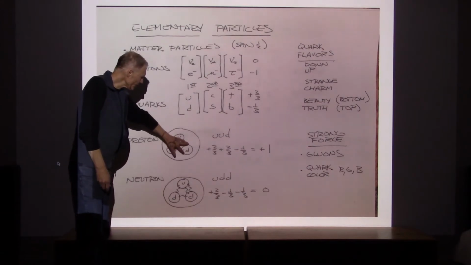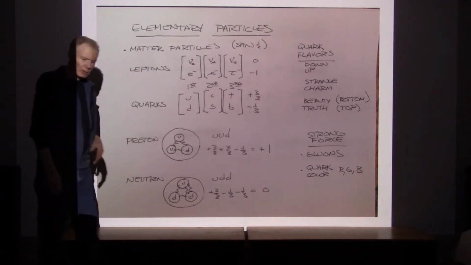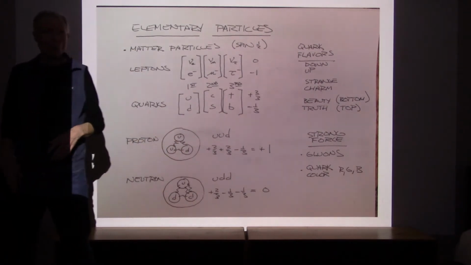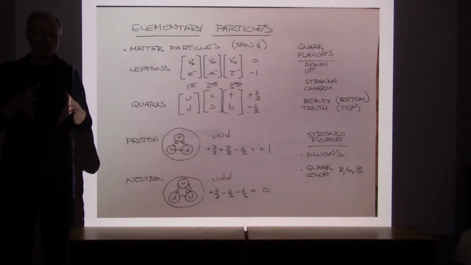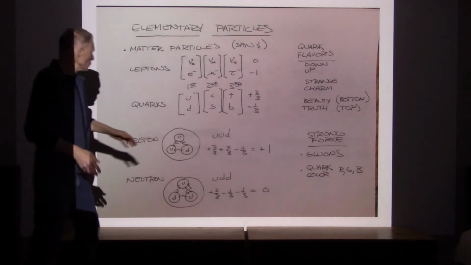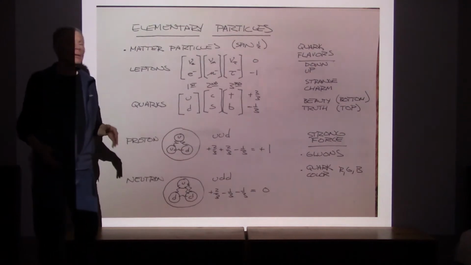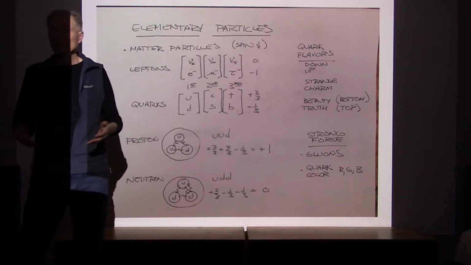Now, what's holding these quarks together inside the proton and the neutron are what we call gluons. And yeah, the word gluon is based on the word glue. It's just holding something together. And the gluons make up what we call the strong force.